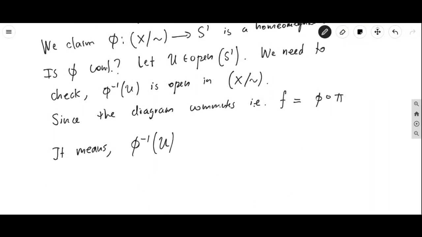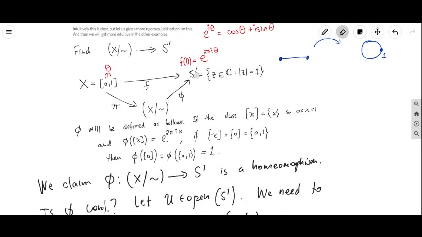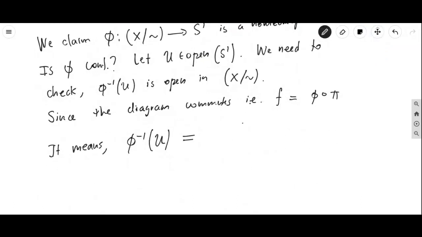This is what we want to find. We have an open set here, we want to pull it back. So you can follow the arrows. You pull it back by f and then you push it by pi. So you would have phi inverse of U and then you push it by pi. Right? You push it by pi like so. Okay? And you get this, right?